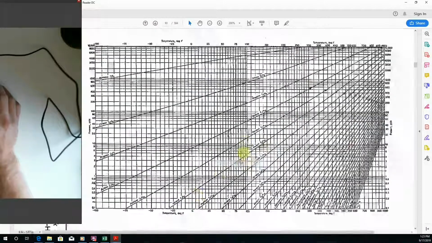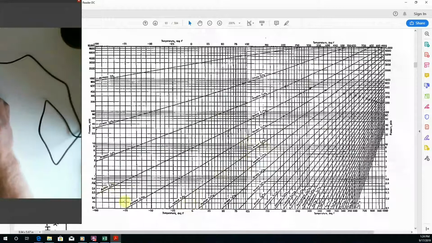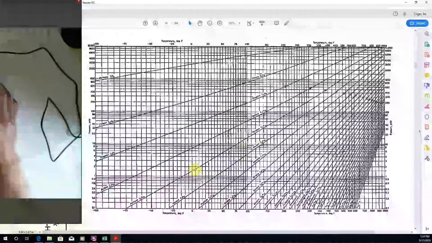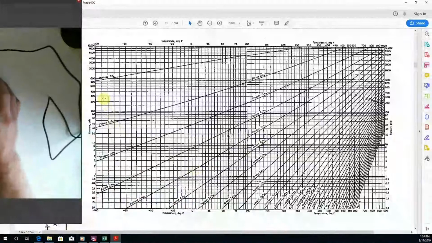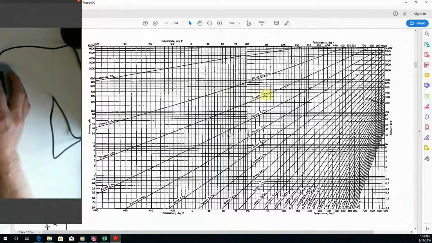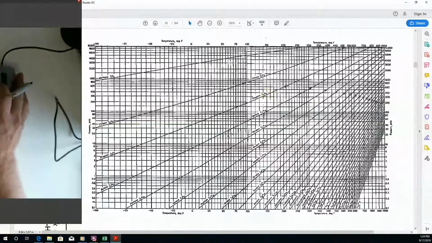I can rotate this back. So here's the propane line, and we're saying it is at 350 psi. So for there to be both liquid and gas in the system, we would have to be at a temperature of 150 Fahrenheit because it's lying on the vapor pressure line in the Cox chart.